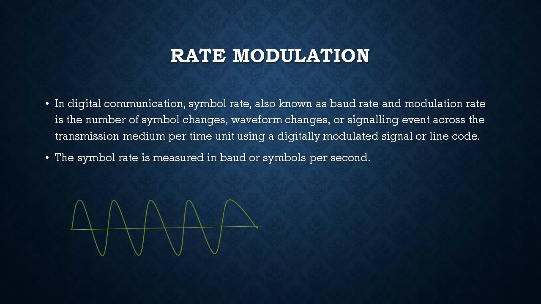This is the signal in which the 5 bits are traveling, and the waveform is changing. That is nothing but the rate modulation. The symbol rate is measured in baud, or symbols per second. Baud is actually symbols per second.